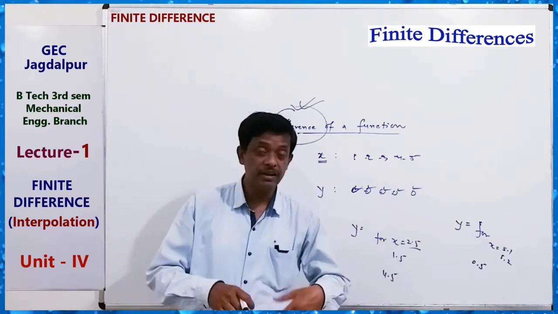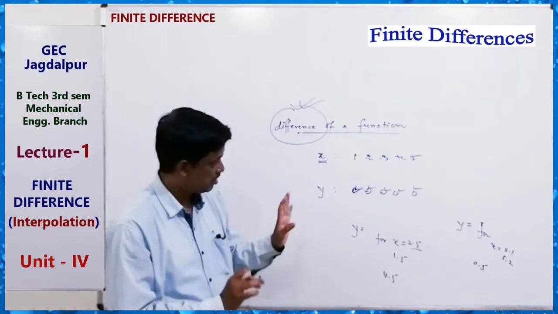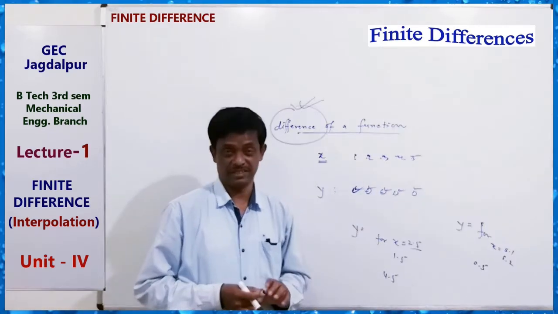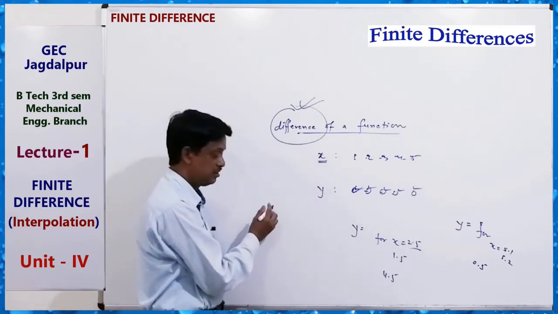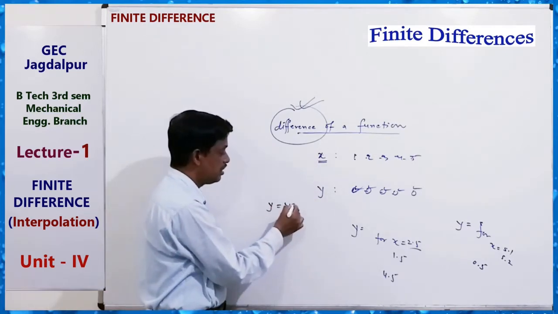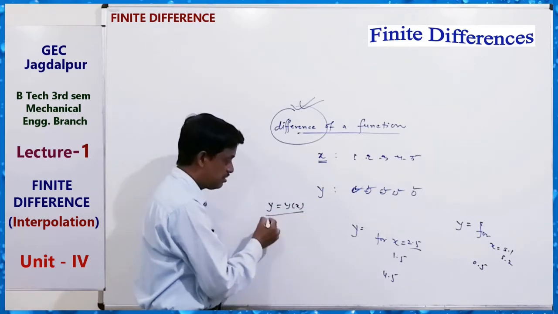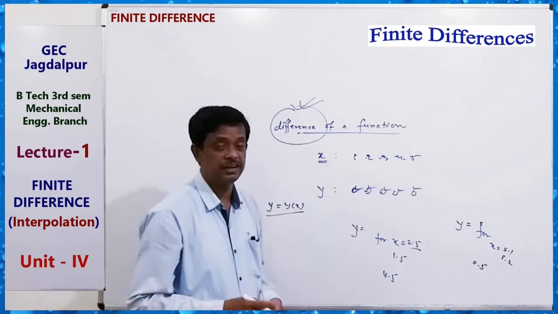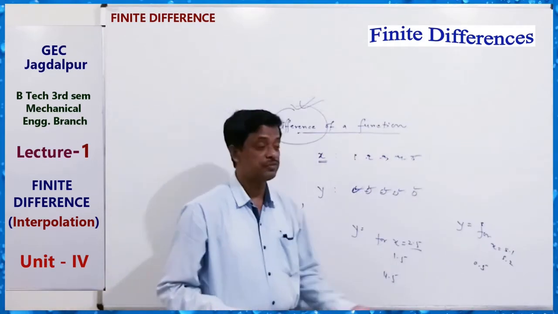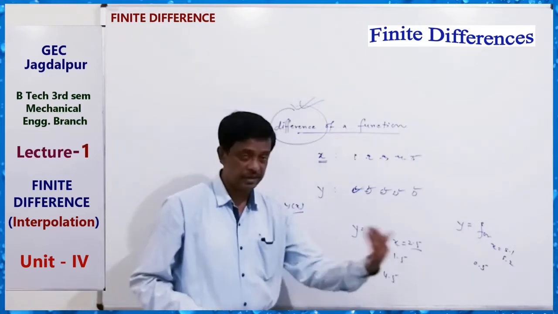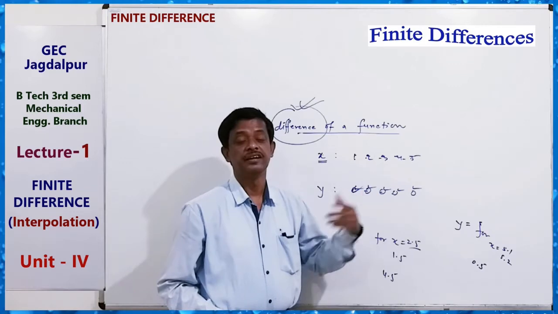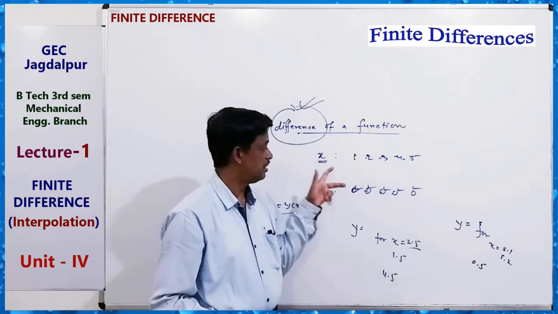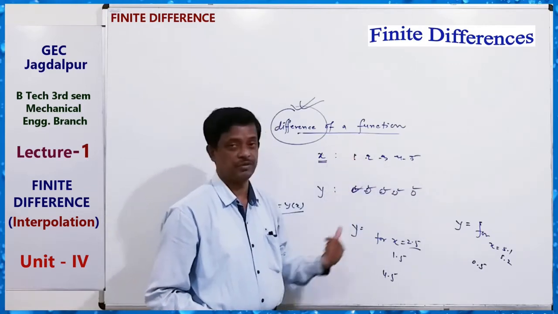Whenever we have a table, not the format of a function, y still depends on x, but its values are tabulated. We get these values from practical observations, so we can get a table of values of x and y.